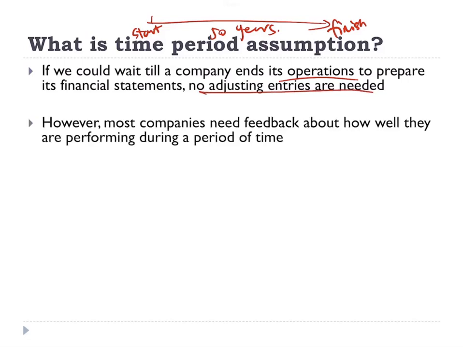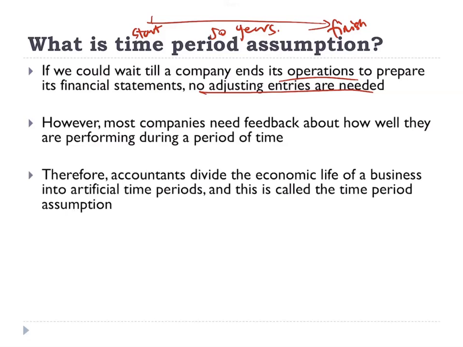However, can we really wait 50 years to make a financial statement? The answer is no, because most firms need some kind of periodic feedback about how well the firm performed before this firm ends.